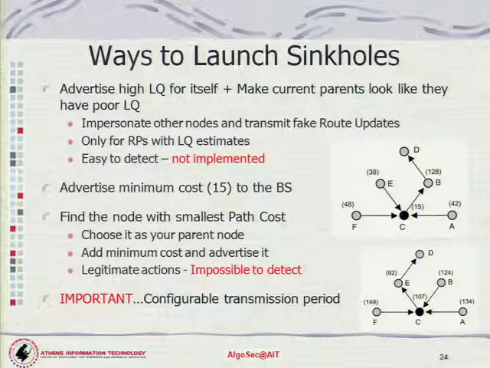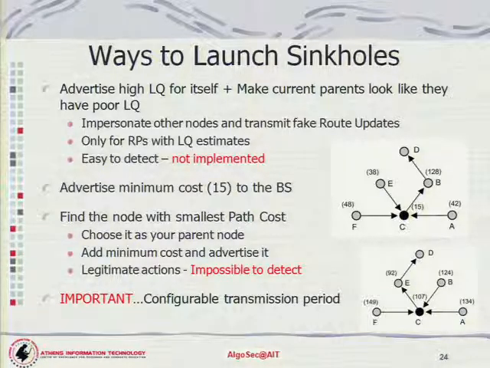That's why they impersonate these nodes, since they are considered part of the network. All of the neighboring nodes receive the route updates of the whole neighborhood, so they know the parents of each node and the link qualities. So the attacker can impersonate each one of the parents inside the neighborhood and advertise a really bad link quality for itself and its children.